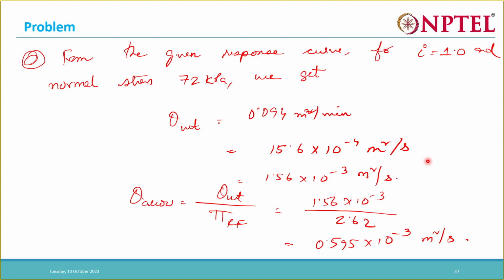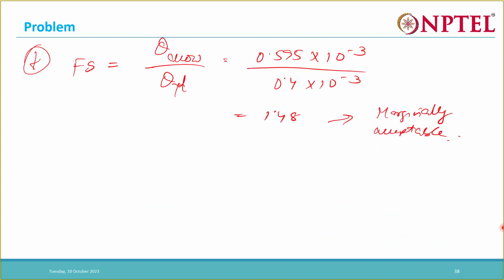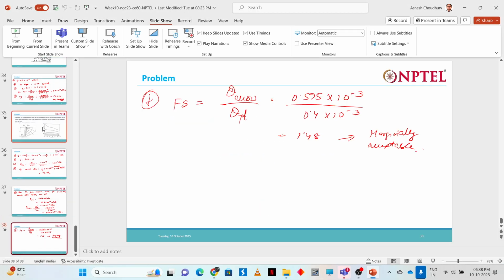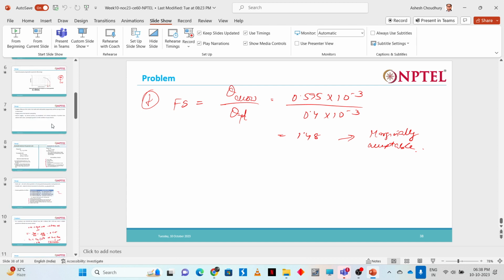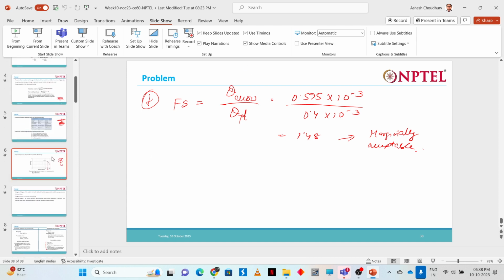That we convert to meters square per second, then we reduce this ultimate to allowable value by using appropriate reduction factors, cumulative reduction factor. Then we find out the factor of safety. So here also we see that it's marginally acceptable. Okay, not that much acceptable. So this was all that we solved in the previous class, the problems.